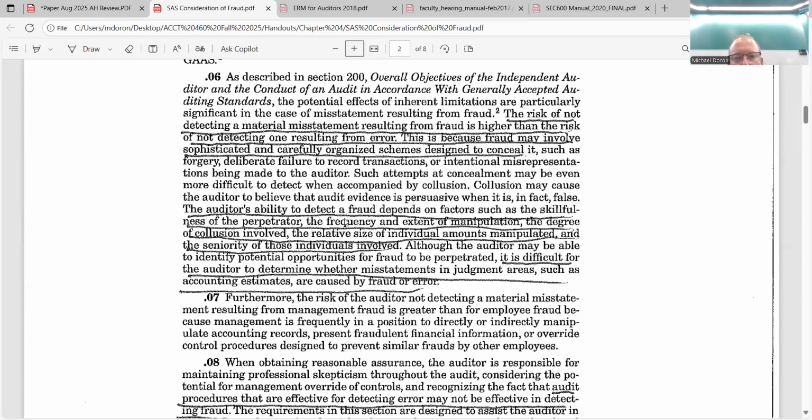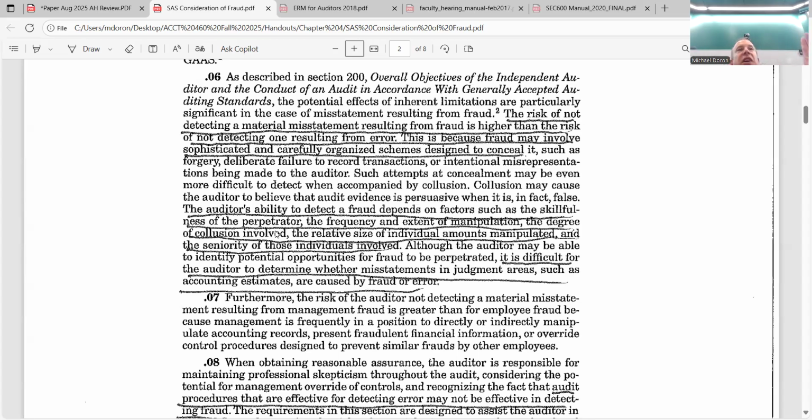The auditor's ability to detect a fraud depends on factors such as the skillfulness of the perpetrator, the frequency and extent of manipulation, the degree of collusion involved. What's collusion? Two people working together is collusion. Okay. And they'll tell you this in all the fraud books, all the audit textbooks.